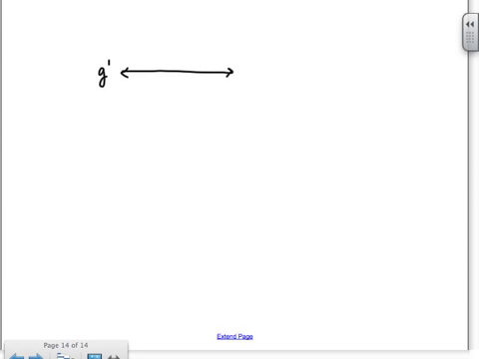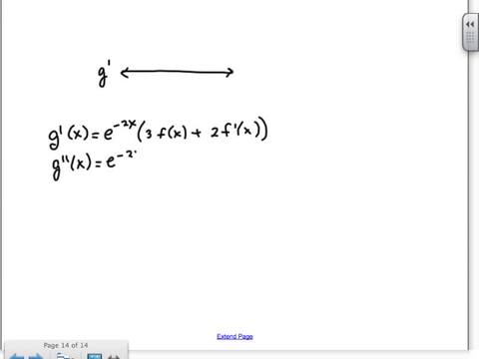So looking at g prime of x, let me write down my equation again. So g prime of x was e to the negative 2x, 3f of x plus 2f prime of x. That's g prime of x. G double prime of x, we just verified. So you already have all this written down on yours.